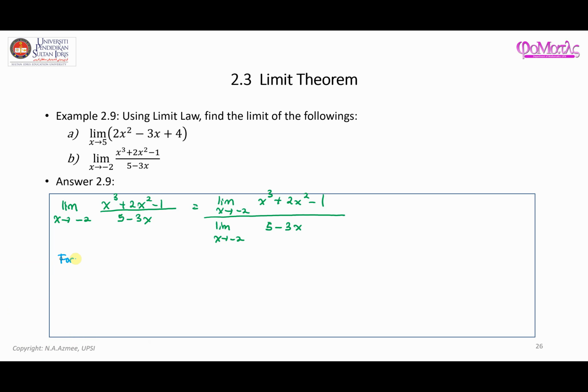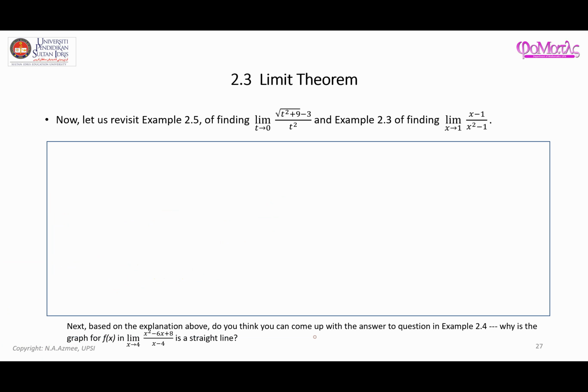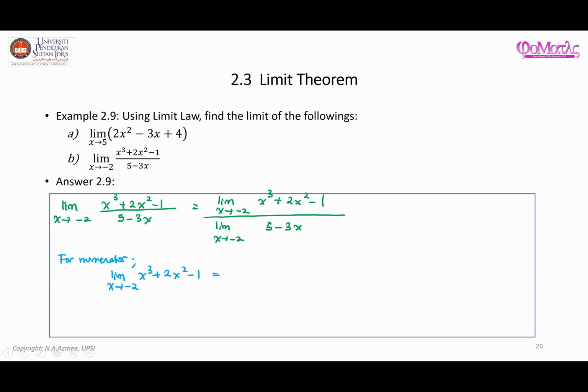So for numerator, when x approaches -2, for that function, the process can be further considered as limit x approaches -2, x cubed plus 2 limit x approaches -2, x squared minus the limit of a constant is going to be constant, so I'm just going to write down the answer as -1.